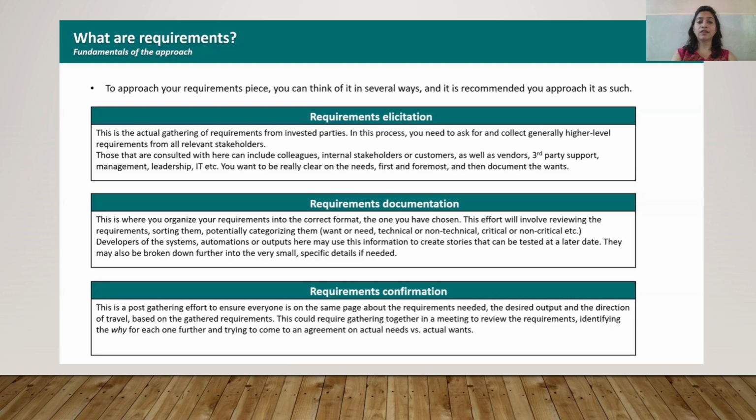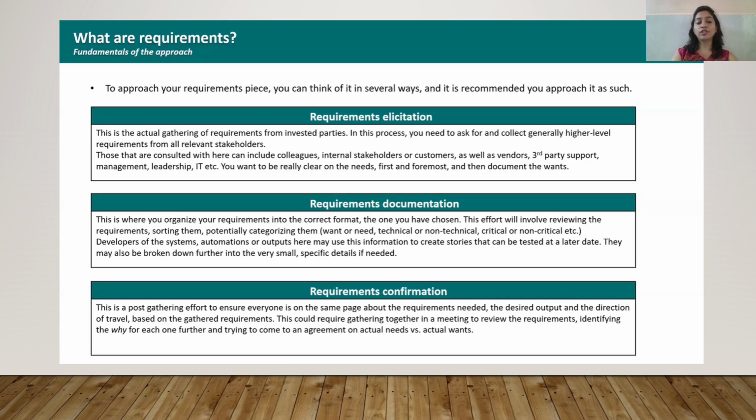You can customize under the MoSCoW method, which we will discuss later, but at a basic level you can put it in Excel with columns to categorize: want or need, technical or non-technical, critical or non-critical. It's a basic thing.